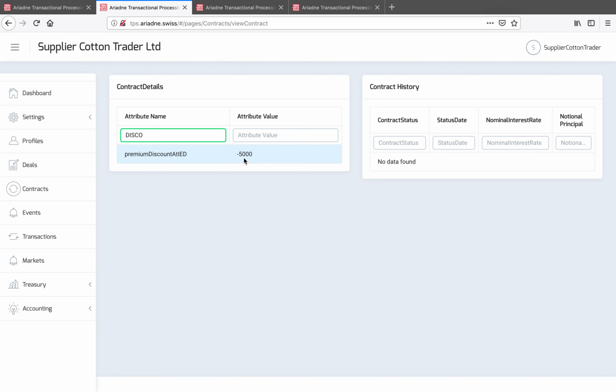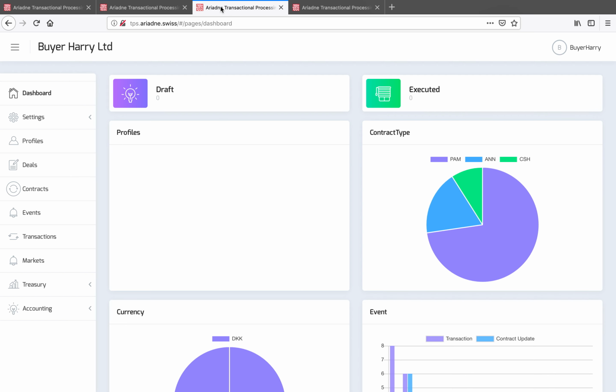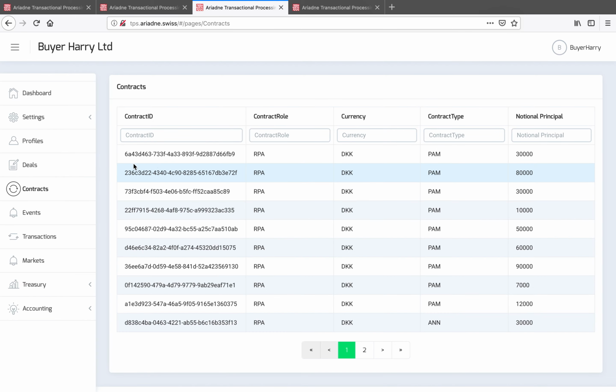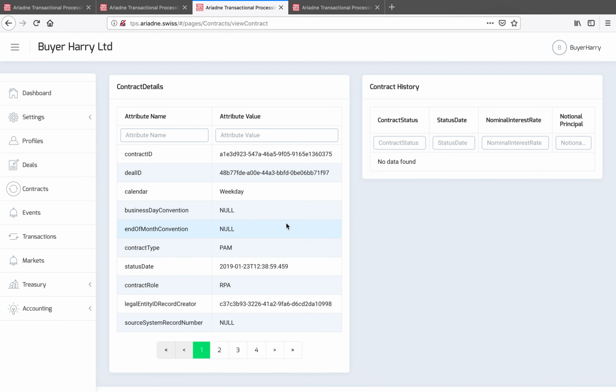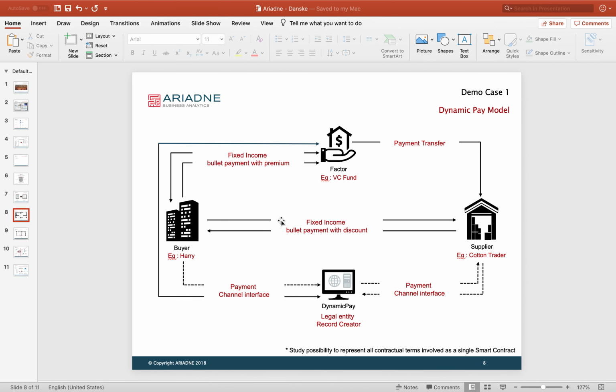Let's visit the buyer's login now and view if this contract reflects in the login. An invoice of 12,000 Danish crowns. Yes, it does. This implies that an invoice of discounted contract is existing between the supplier and the buyer.